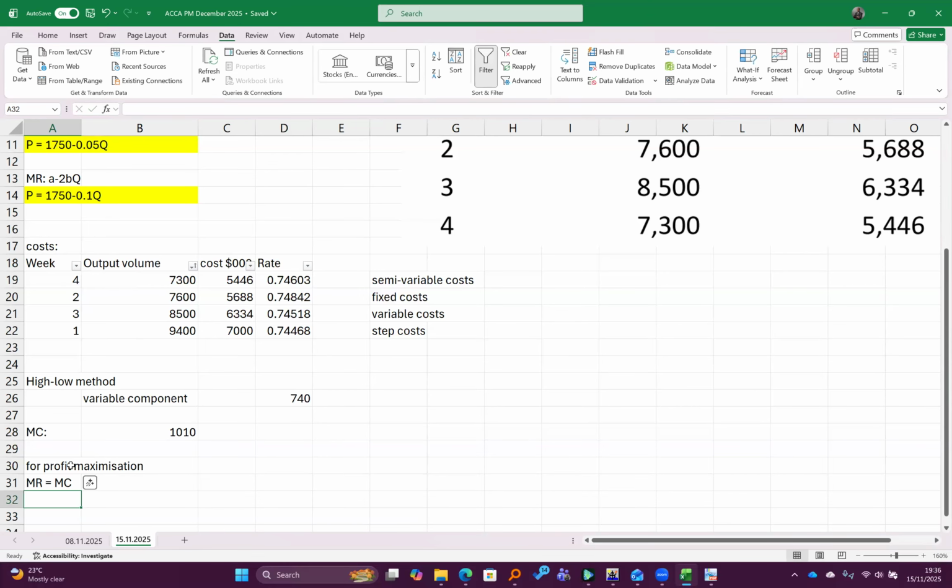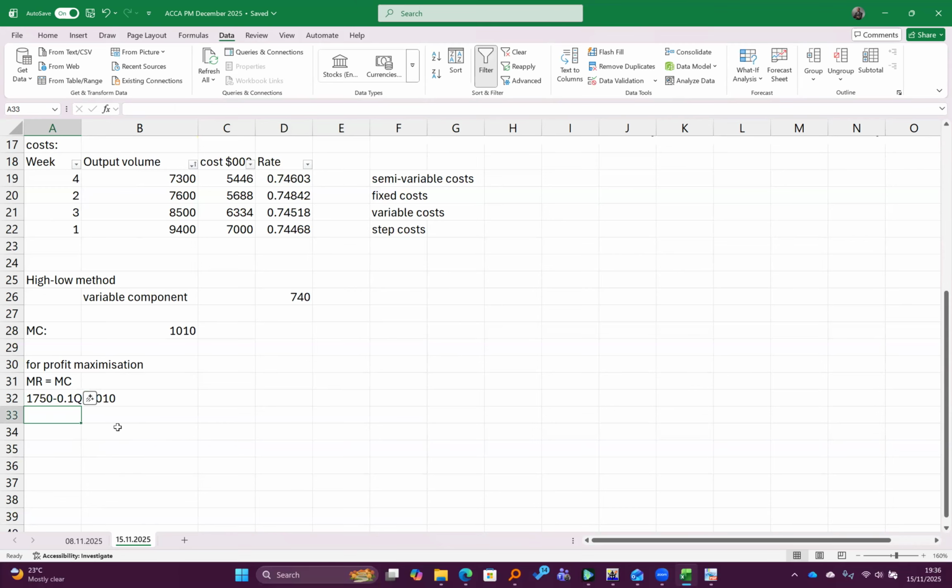Therefore, we are going to say 1750 minus 0.1 Q is equal to 1010. So you solve that equation. Of course, when you arrange this, you're going to find that Q is equal to 1750 minus 1010 divided by 0.1.